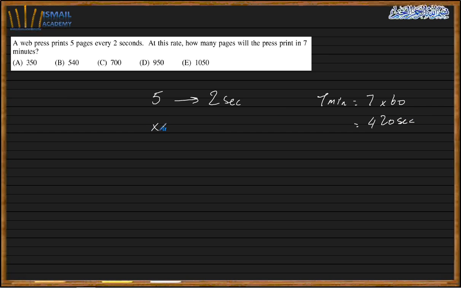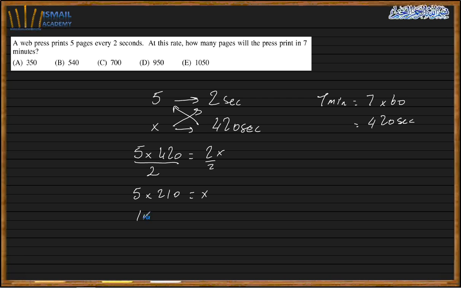So I put X here and 420 seconds here. I cross multiply, so 5 times 420 equals 2 times X. Then I divide by 2, so it's 5 times 210, which is 1050, and E is my answer.